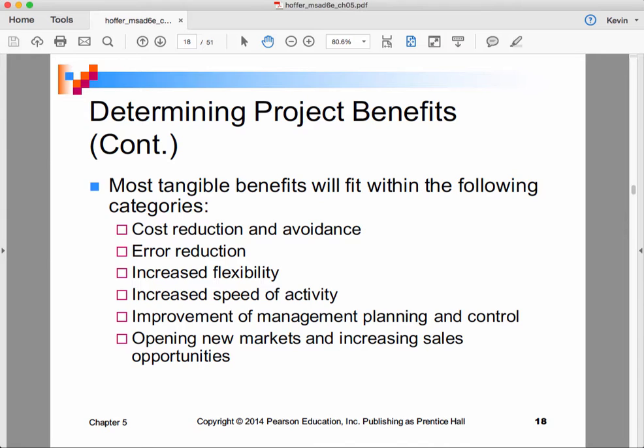There'll be things like cost reduction and avoidance, error reduction, increased flexibility, increased speed, improvement in management planning and control, opening new markets or increasing sales opportunities.